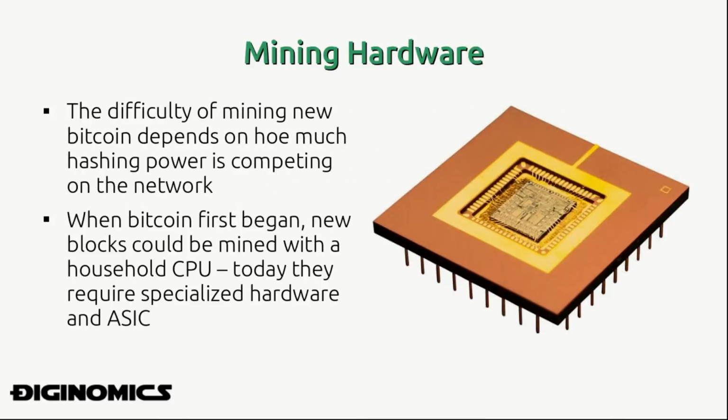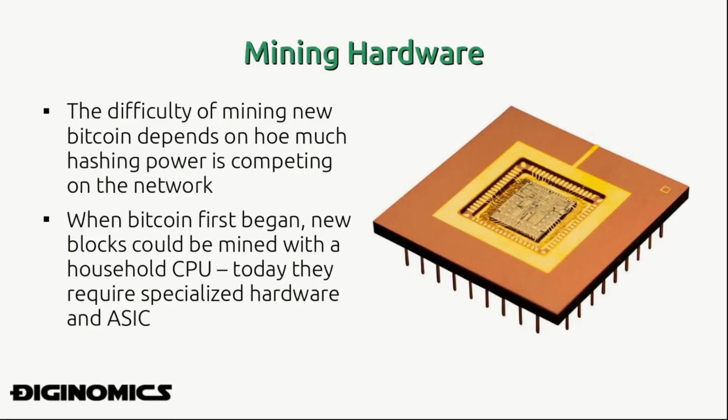Now you might be asking, what steps would we take to become a full node or a competitive miner ourselves? Because the difficulty of the Bitcoin and cryptocurrency mining industry is at a level where it is now, you need very special hardware to run a profitable operation. When Bitcoin first began in 2009 and 2010, you could actually use a CPU or a GPU to mine the Bitcoin network profitably.